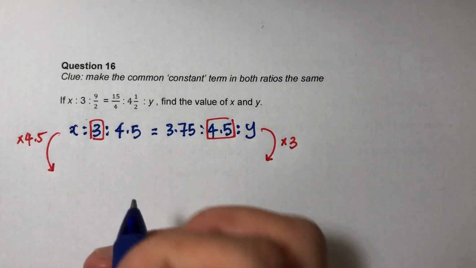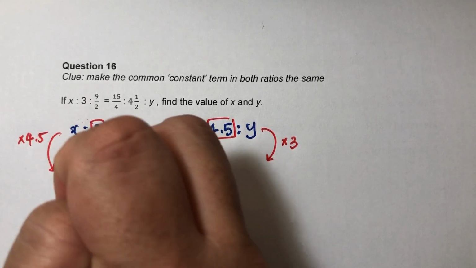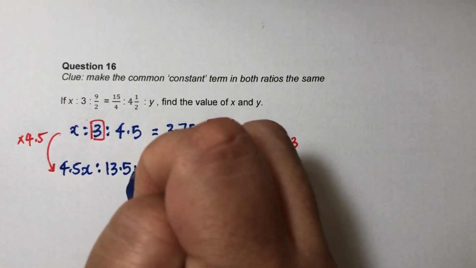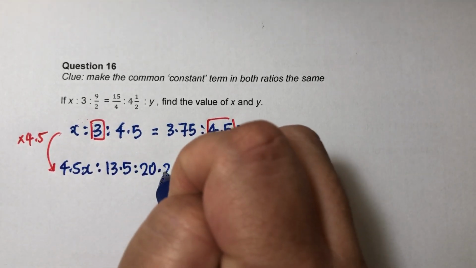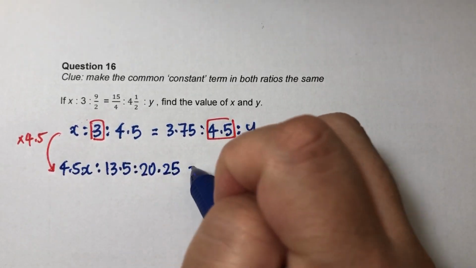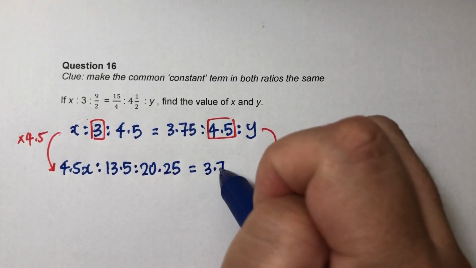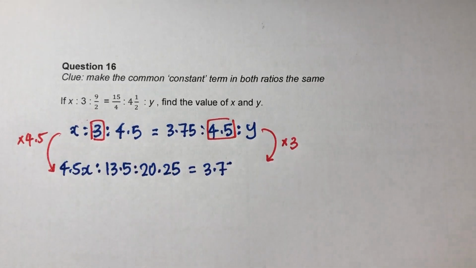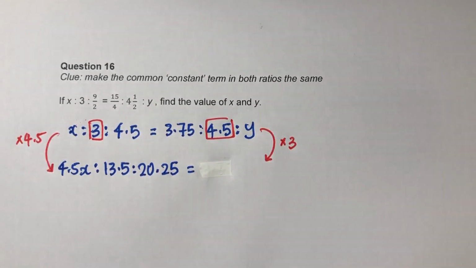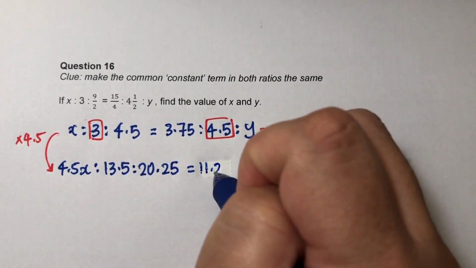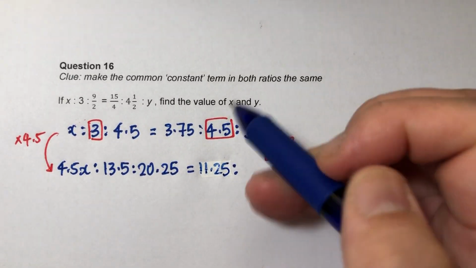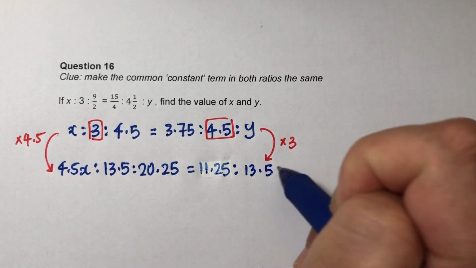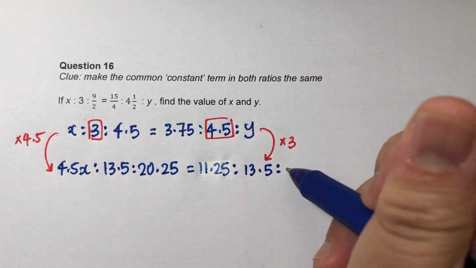So with this, we will get 4.5x is to 13.5 is to 20.25 equal 3.75 times 3 will give us 11.25 is to 4.5 times 3 to give us 13.5 is to 3y.